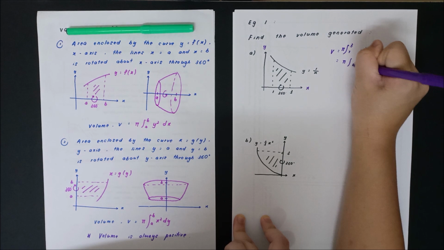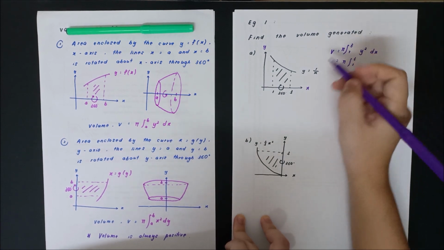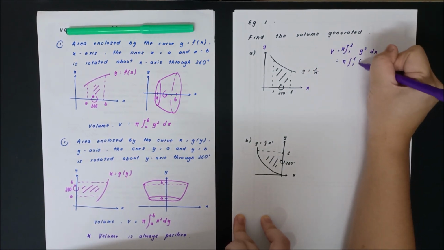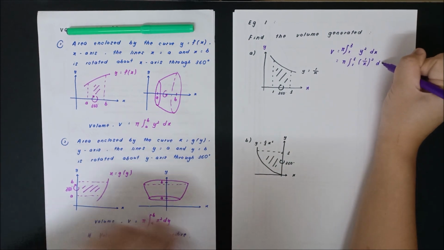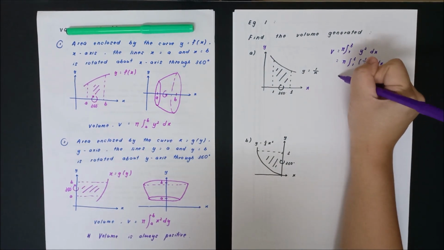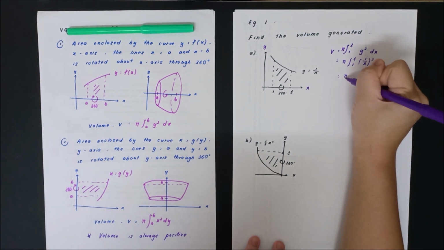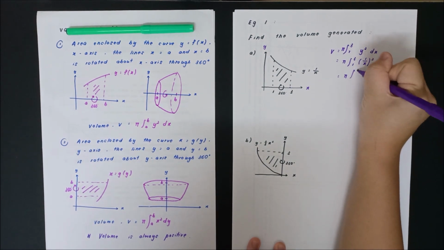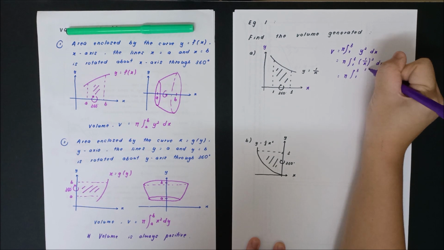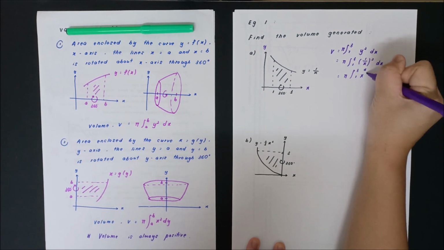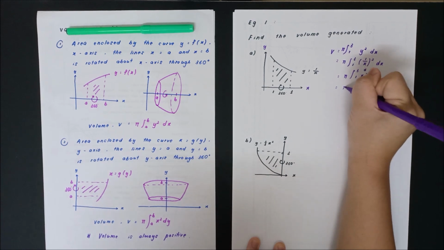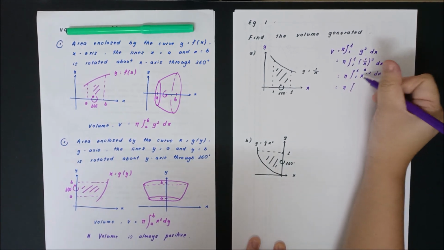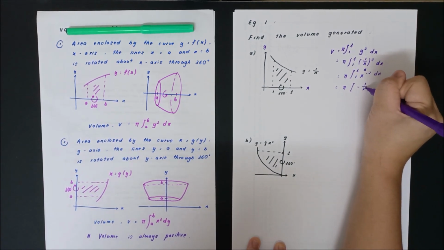So now you can start to substitute the value that you need. Pi integral from 1 to 3. So what is y squared? So your y is 1 over x, so meaning 1 over x squared. So dx equals to, and then pi, 1 over x squared, which we straight away write x to the negative 2 dx. So when we do integration, then we will be getting negative 1 over x.